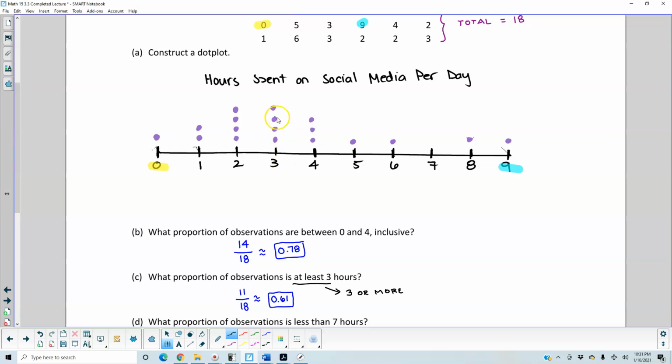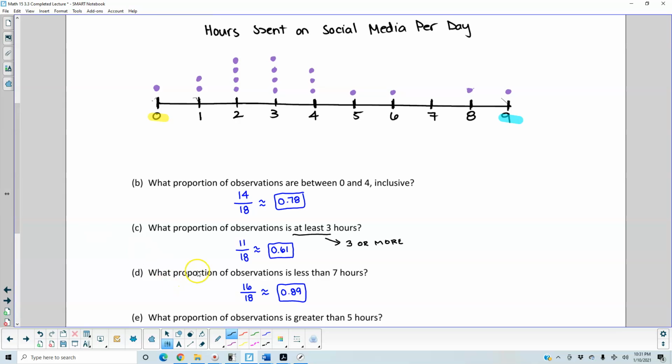We have 1, 2, 3, 4, 5, 6, 7, 8, 9, 10, and 11. So that means 11 over 18, which is approximately 0.61. So 0.61 represents the proportion of observations that is at least 3 hours, which means 3 hours or more.